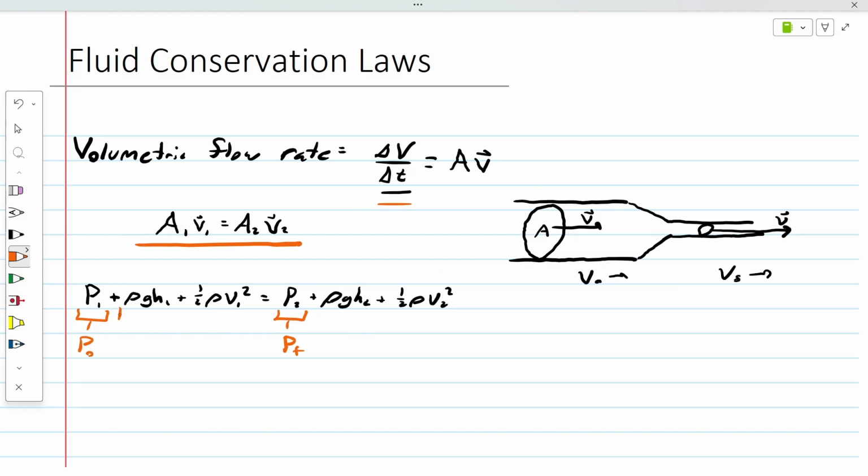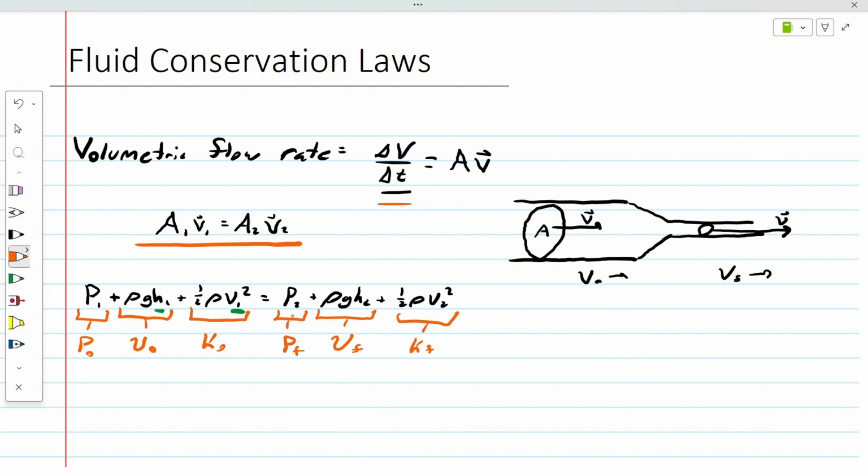So this is kind of like the potential energy of your fluid, and this is like your initial kinetic energy, because we are using this height variable to determine potential energy and the velocity to be the kinetic energy. And so this will be your potential energy final, and this will be your kinetic energy final. We'll do an example later using this equation.